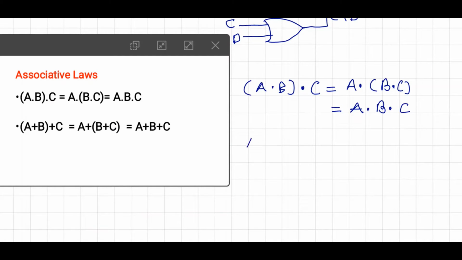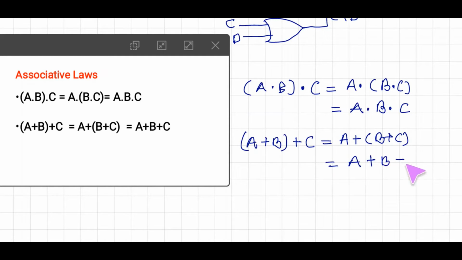Here see (A or B) in brackets, ORed with C. Whatever result this expression gives, by choosing the same values of A, B, C, we get the same as A or (B or C), and again the same result with A or B or C. So this is the associative law of the OR operation in Boolean algebra.